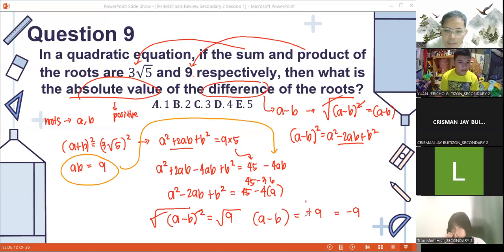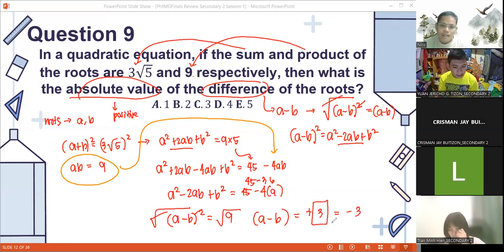Wrong, it's plus 3 and negative 3 actually. So this is 3 and minus 3, and we take only the positive. So the answer here is positive 3. Okay, no questions?